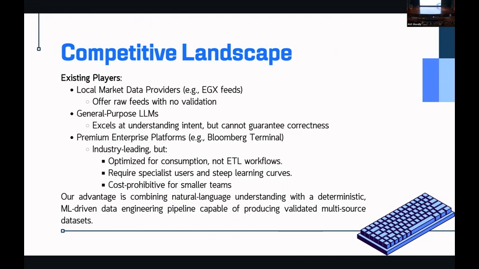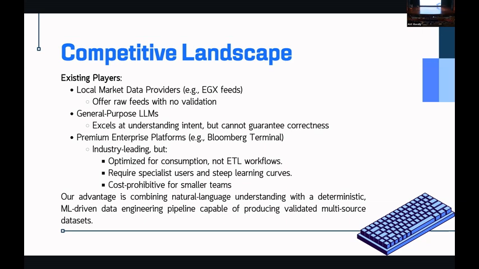And for the competitive landscape right now, the existing players do cover some of the problems, but each has specific problems. Local providers, like the EGX, offer feeds with no validation. General purpose LLMs are excellent at analyzing the context and intent of the user, but are not trustworthy for the results.